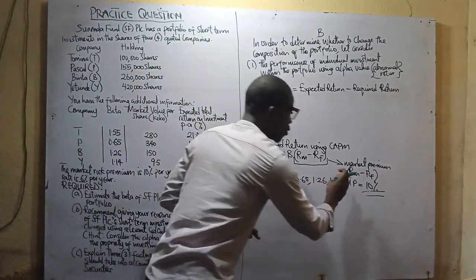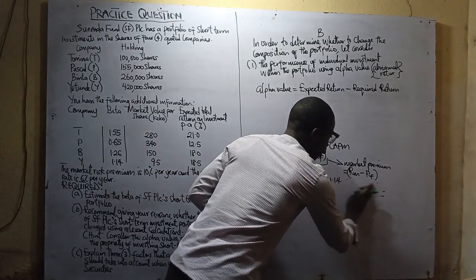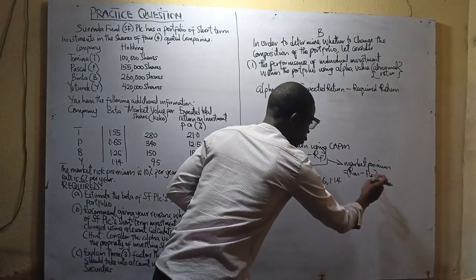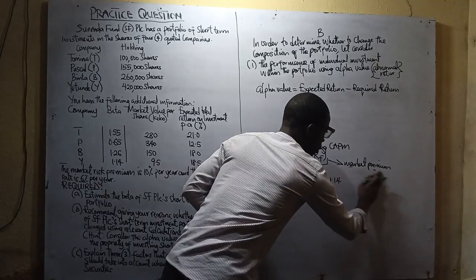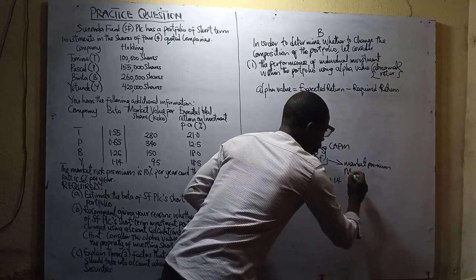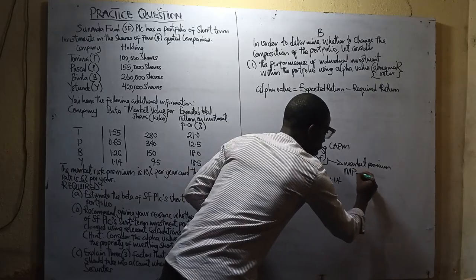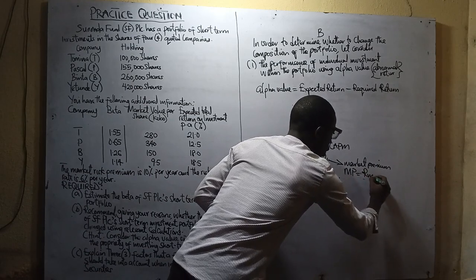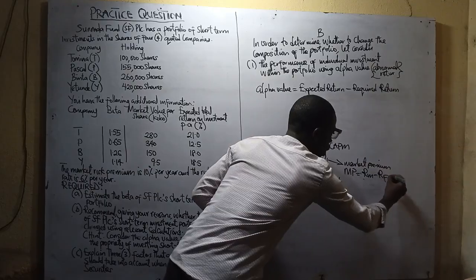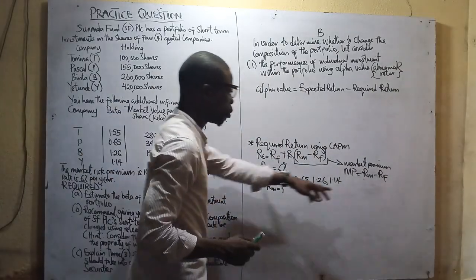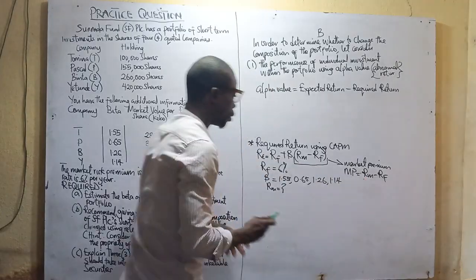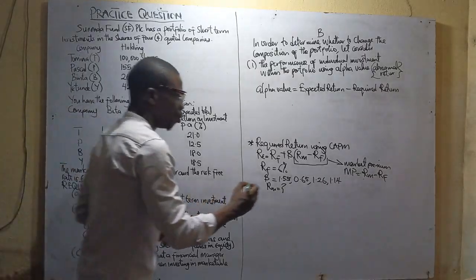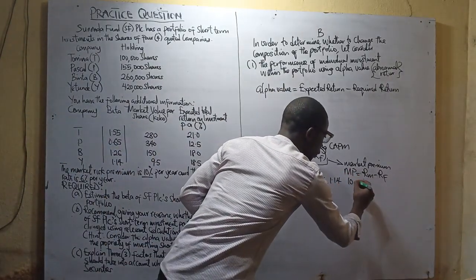So you can still calculate, because if our market premium, let MP be market premium, is equal to Rm minus Rf, and they have given us our market risk premium as 10%. So it means that market premium is 10%.